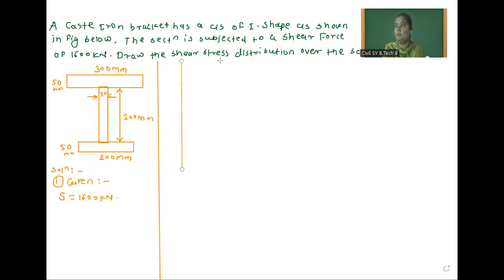After that, area. After area, the next parameter is yi, that is y bar for that particular section from the base. After that, ai yi.